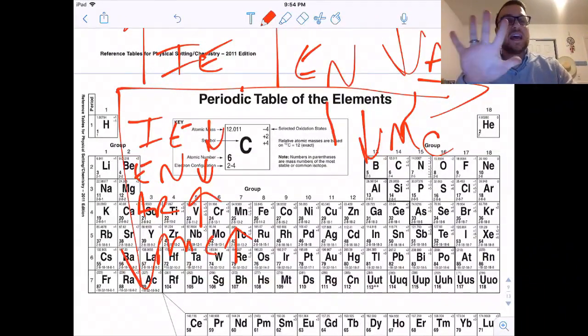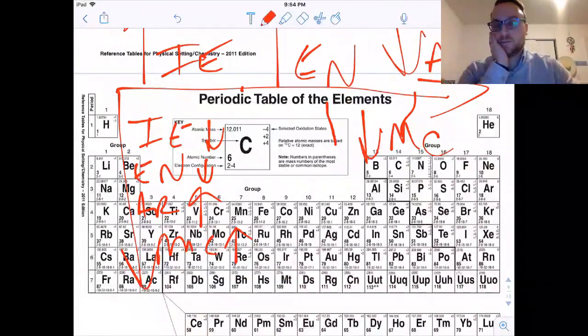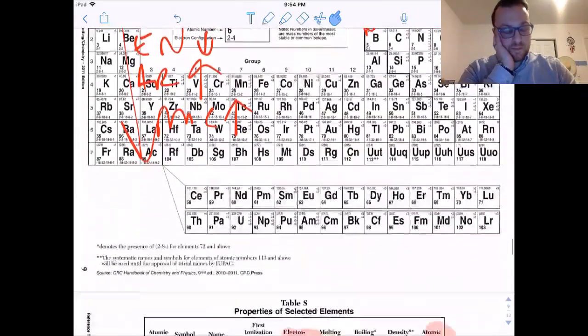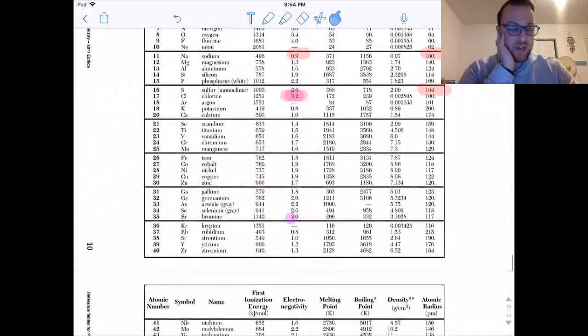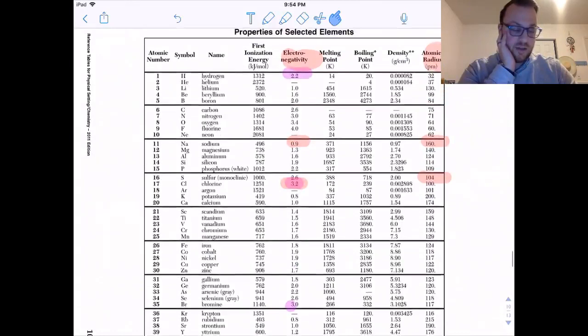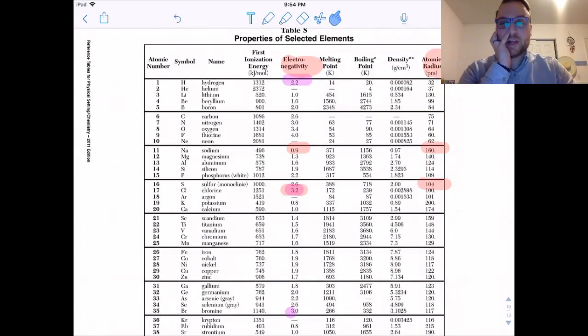I probably should have made you memorize them, but I didn't. So you can look them up on Table S. If you do go AP one day or you take the chemistry subject test, SAT, you need to memorize those. You need to memorize all of these for AP, but not all of them for the subject test. So for the subject test, you're pretty good here.